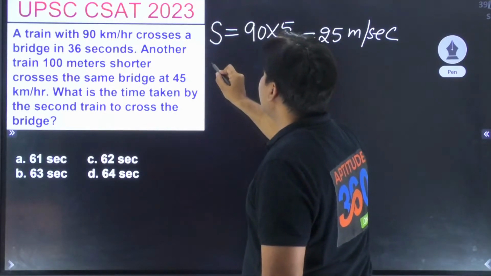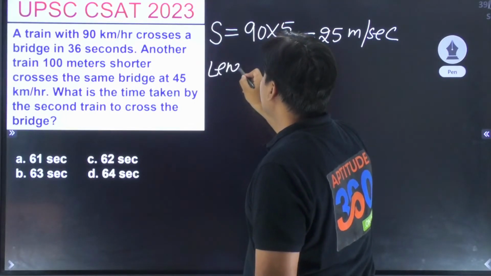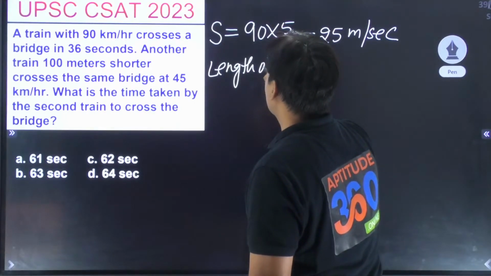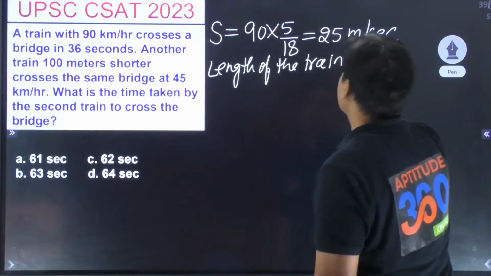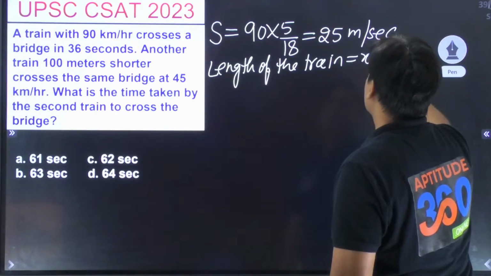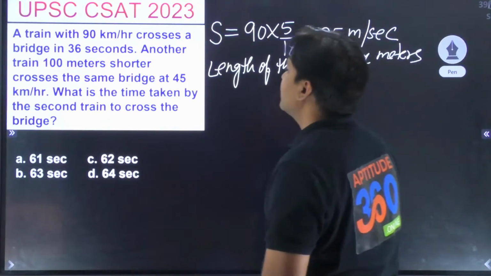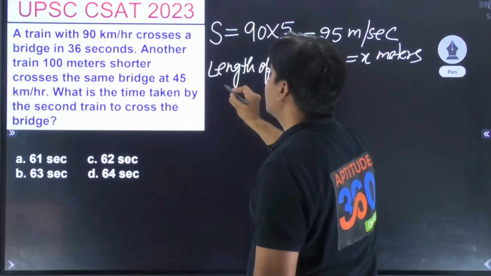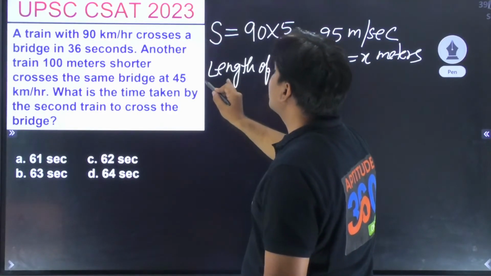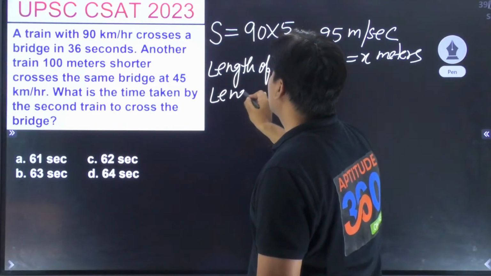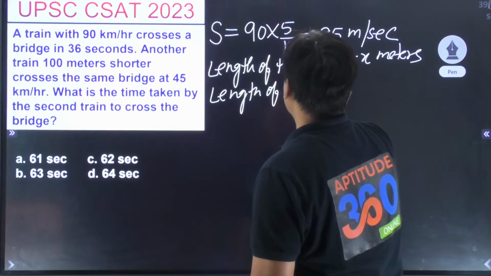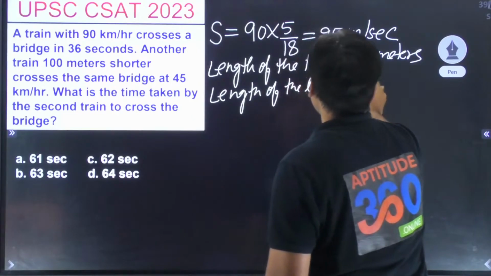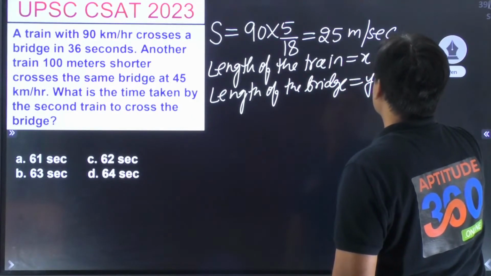So let the length of the train be, we can assume, X meters. And let the length of the bridge be y meters.